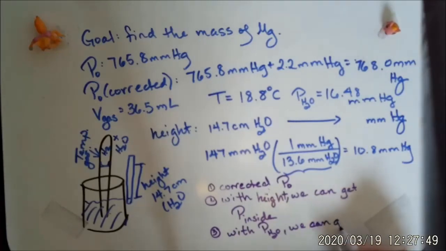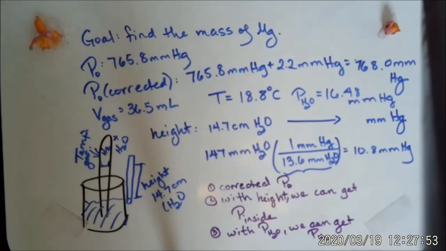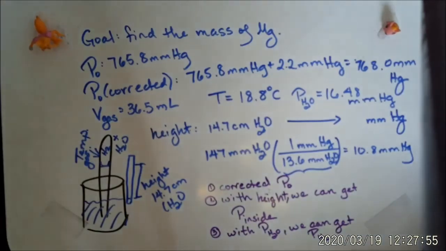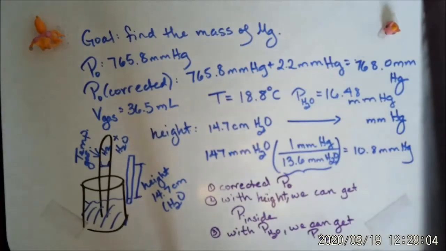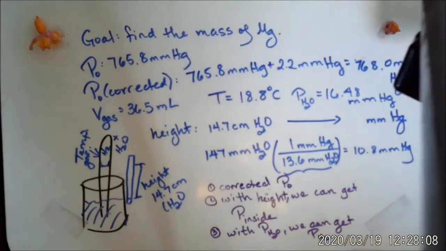We can get the partial pressure of hydrogen. Okay? And we'll go through this again when we actually do experiment 13 for you to do your calculations. But let me show you your example calculation here. We have a corrected P0.